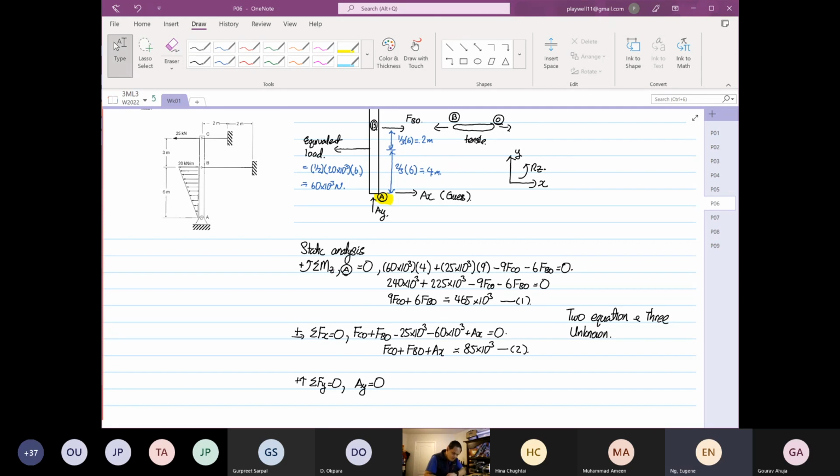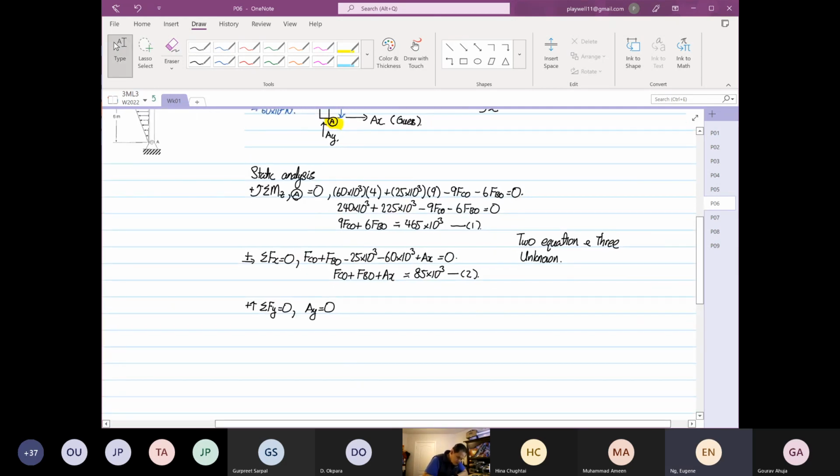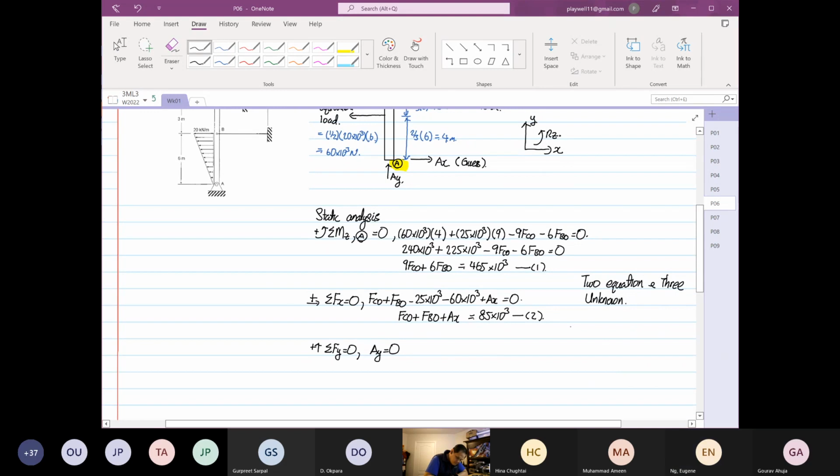So what we like to call this structure is statically indeterminate.